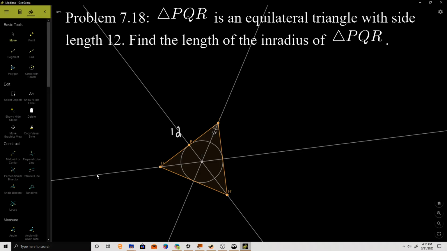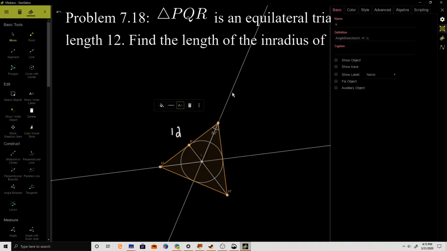Now, if I wanted to clean it up a little bit, what we can do is draw the segments from these points, and that way hopefully this works.